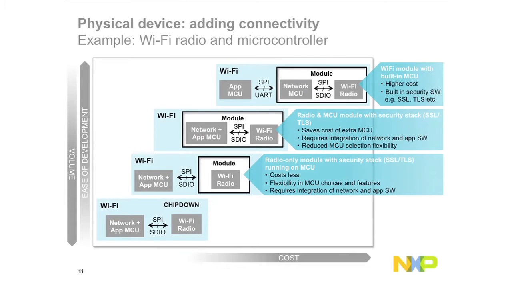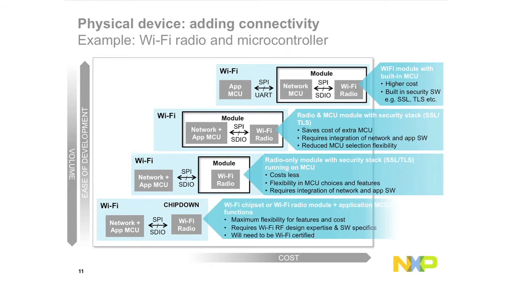An example would be Broadcom's WICED. You've heard of Broadcom's WICED. WICED has been ported to several different processors, the LPC1700, 1800, and 4300 from NXP. So you could take the Broadcom WICED stack, apply it here, combine it with your application, get a radio-only chip, Murata, for example, and off you go.